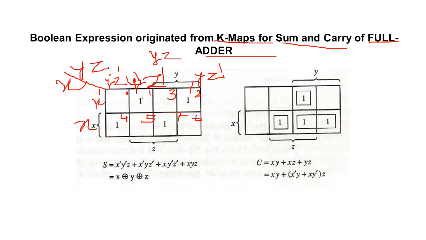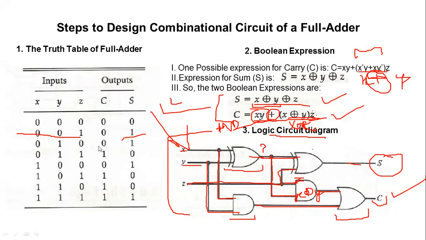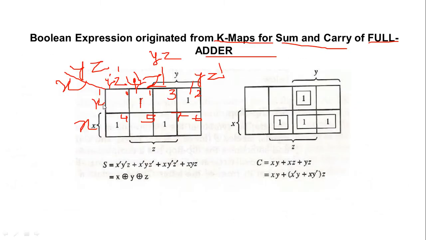Okay, same if we look further, then the second case for the sum is this one. So in this case, the combination was x complement, y, and z complement. This is the second one there, right?